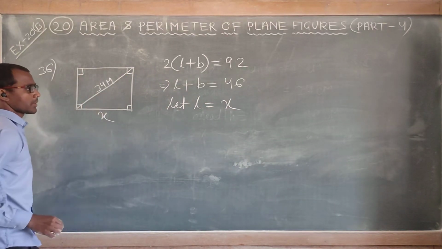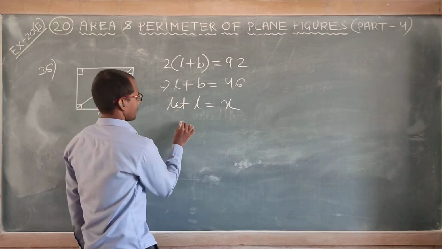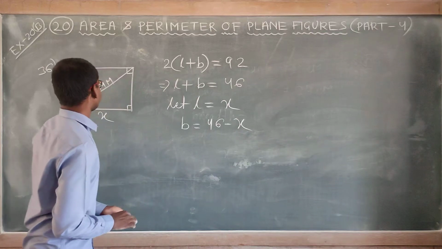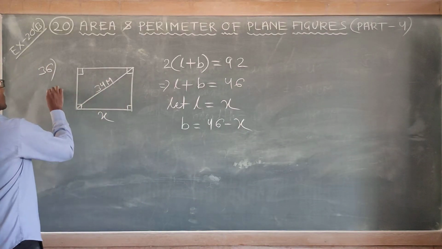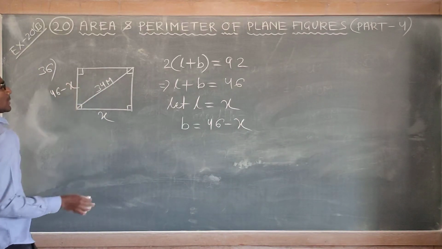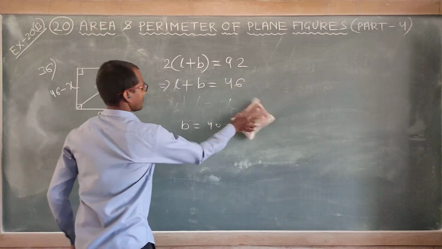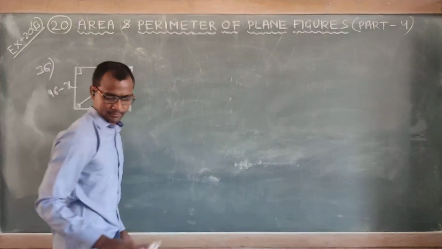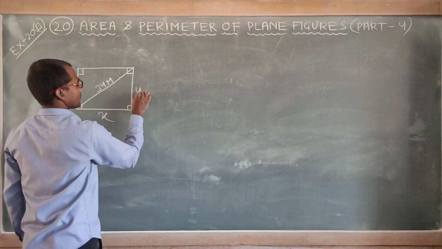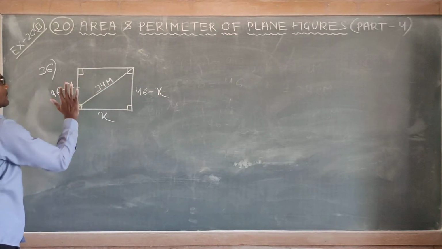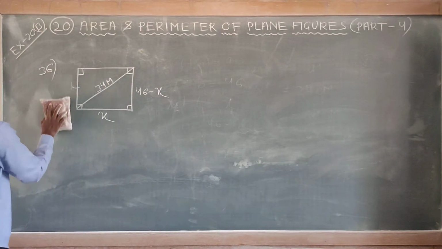Let length L be equal to x. If length is x, breadth will be 46 minus x. Length is x, breadth is 46 minus x.